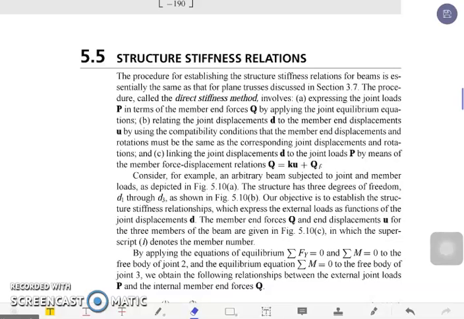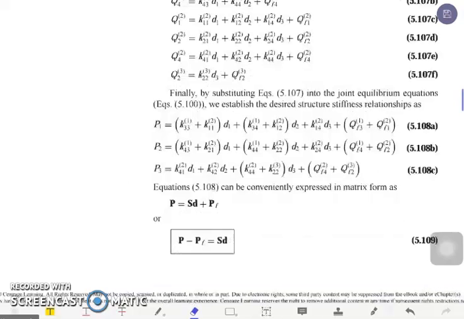Now we move on to the structure stiffness relation. For the beam, the structure stiffness relation is P minus P sub F equal to S times D. In our previous discussion on plane truss, we were introduced to the structure stiffness relation P equal to S times D. Here for the beam, P is equal to S times D plus P sub F. Still, P is the joint load vector, S is the structure stiffness matrix, D is the degrees of freedom or the displacements that we will be solving, and P sub F is the structure fixed joint forces.